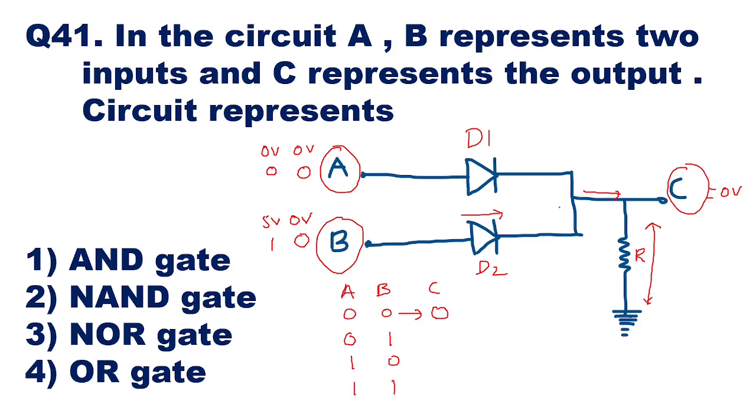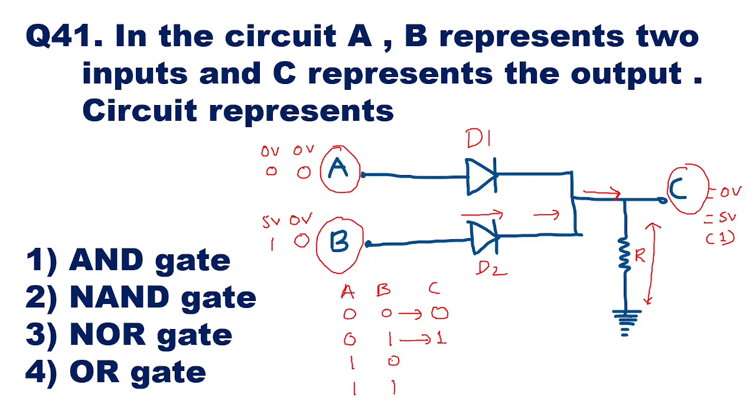The current will flow through here and that will develop a voltage across R of 5 volt, and in that case C will be taken as 5 volt. That is nothing but logic 1, logically high. So when the inputs are 0, 1, the output is 1.